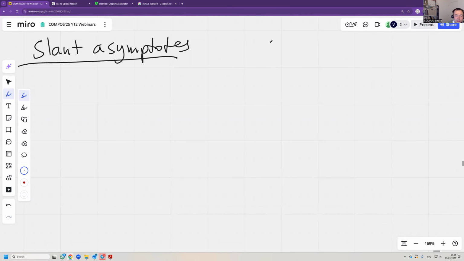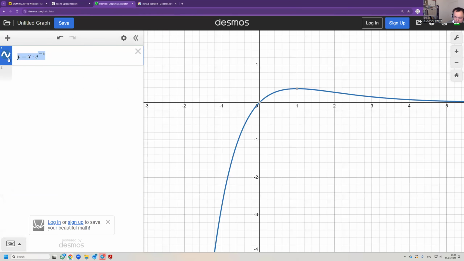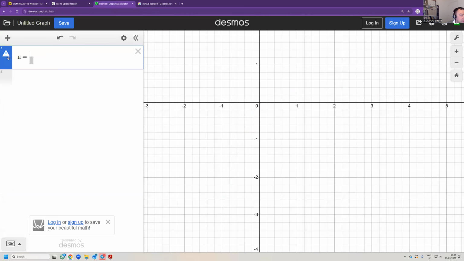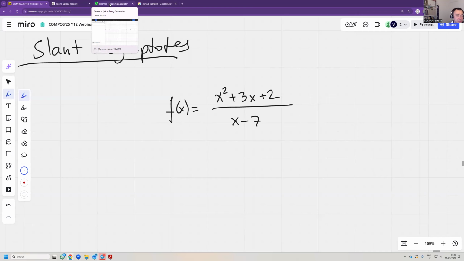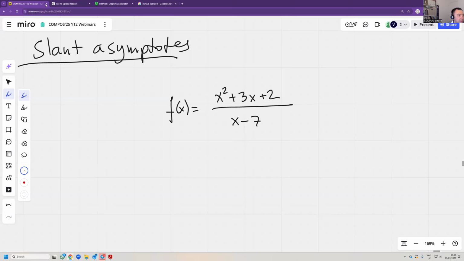If you look at some functions like (x squared plus 3x plus 2) divided by (x minus 7), it has a slant asymptote, and we can sketch that. y equals x squared minus 3x plus 2, divided by x minus 7.